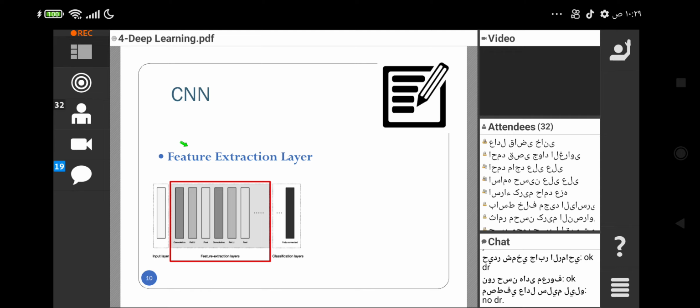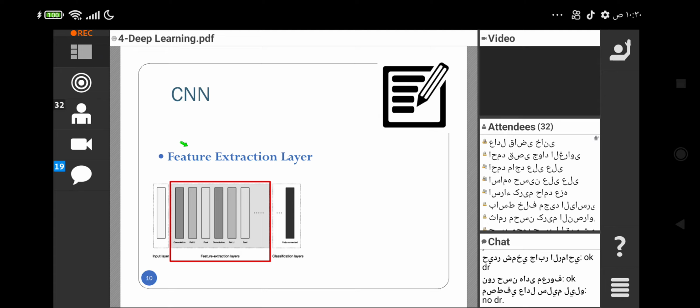If we give the whole image to the neural network, that's not efficient. But if we build some data, some inputs, from this high amount of pixels, this is called feature extraction.